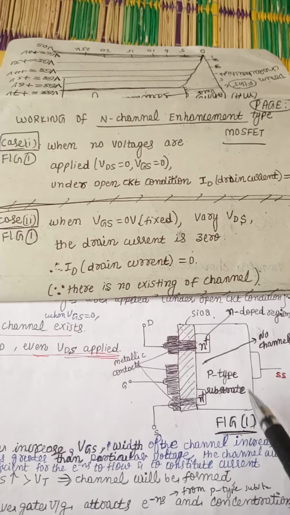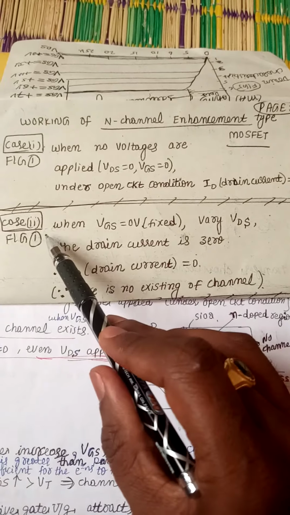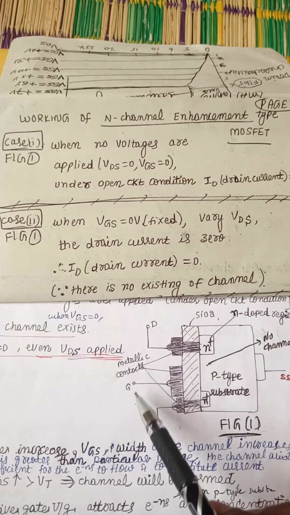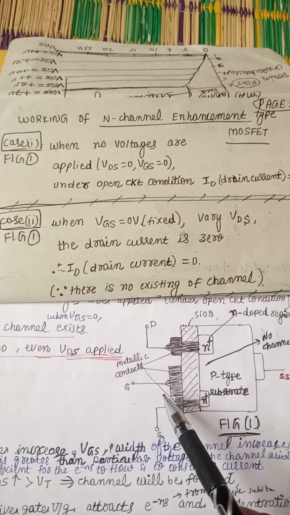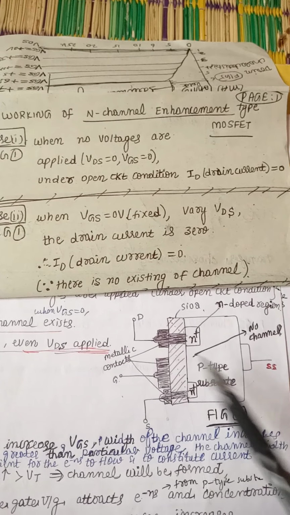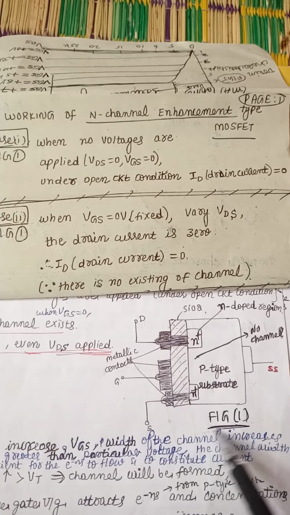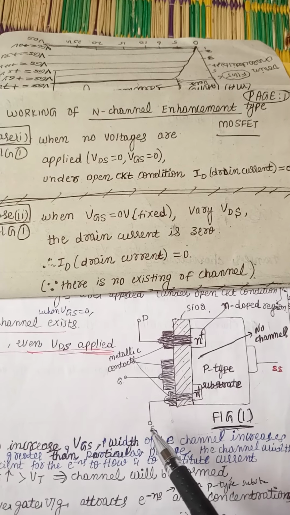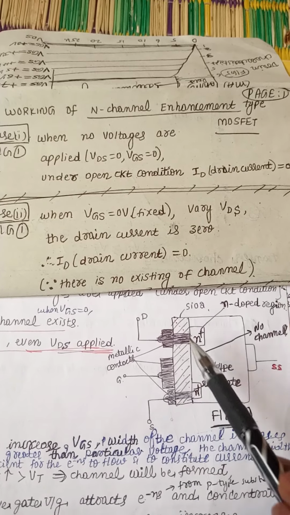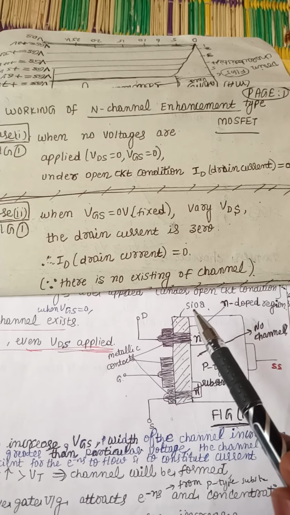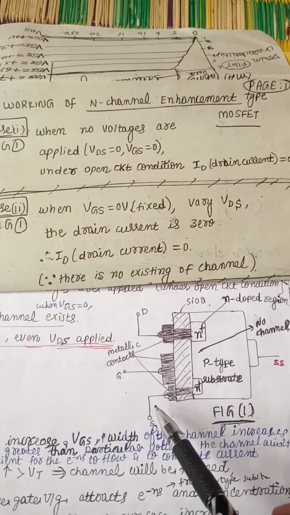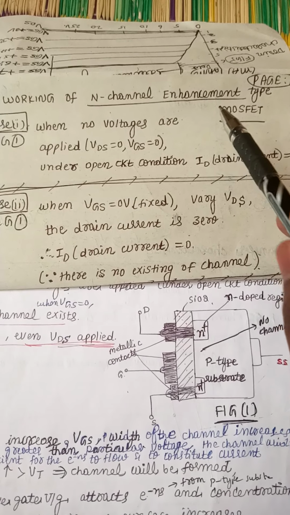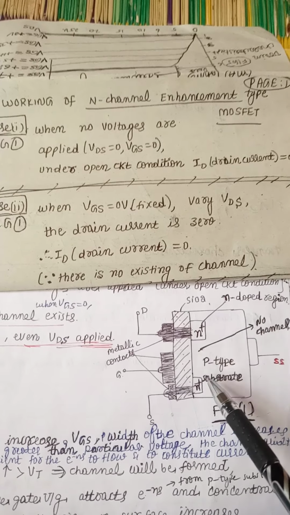In case 2, for the same figure 1, I will keep VGS equal to 0 volt fixed. I will keep on varying the VDS. If you vary the VDS, what will happen? Due to VGS equal to 0 volt, there will be no drain current, because gate to source voltage in the case of enhancement type MOSFET is used to form the channel.